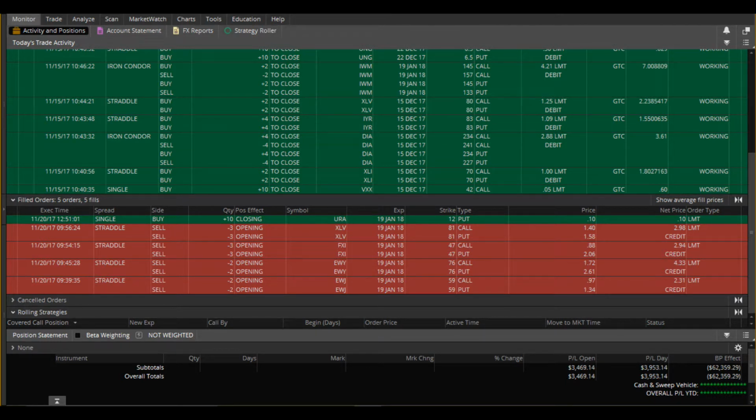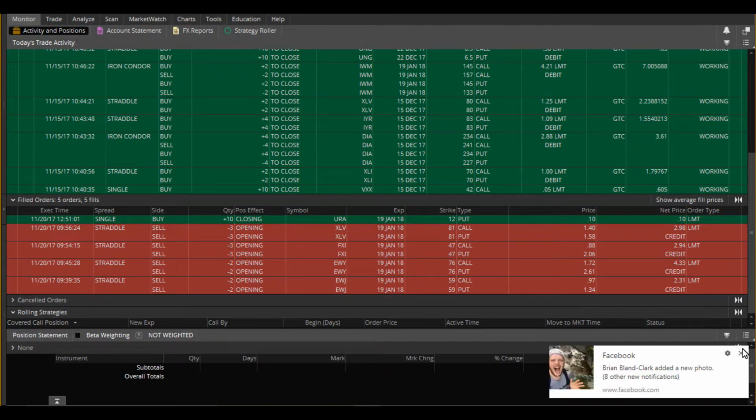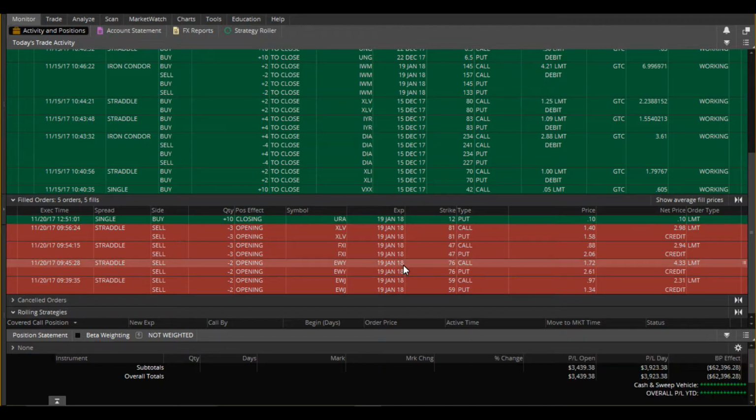So we'll start at the bottom here under the filled orders. We filled 5 orders today. Down there on the bottom, we opened the EWJ 59 straddle for $2.31 of credit. We opened an EWY straddle at the 76 for $4.33 in credit.